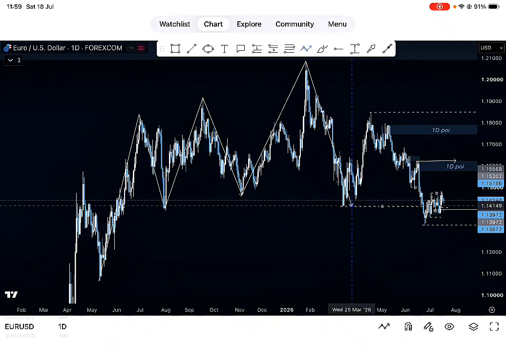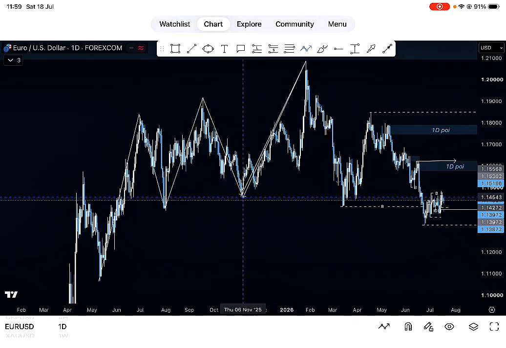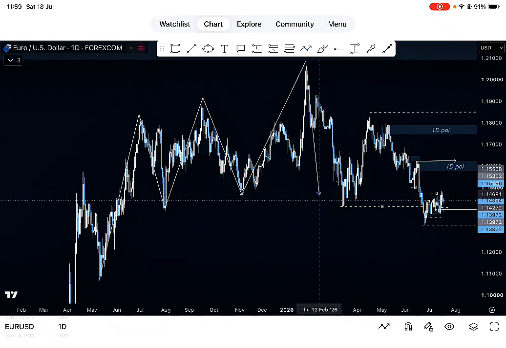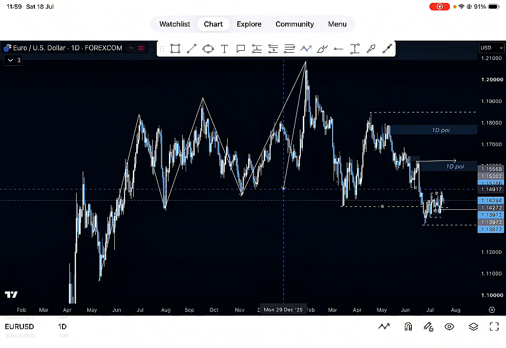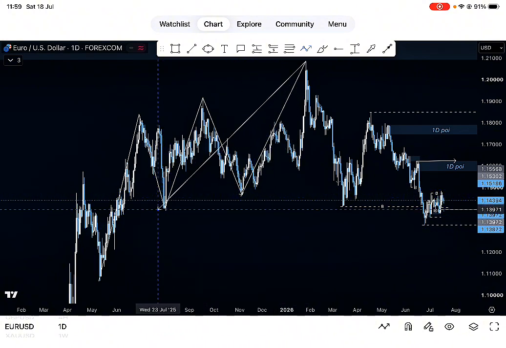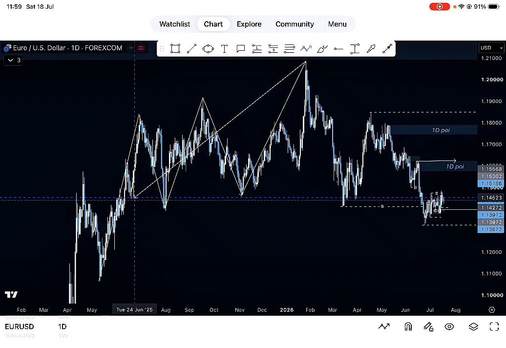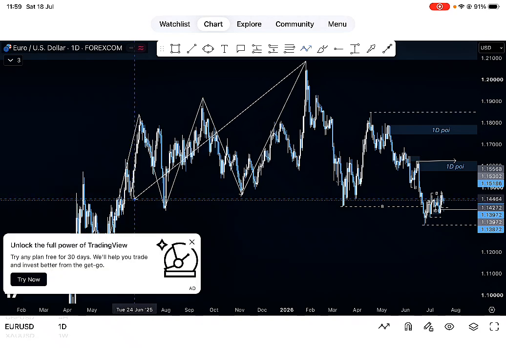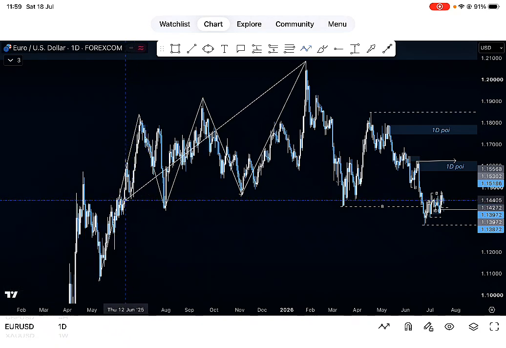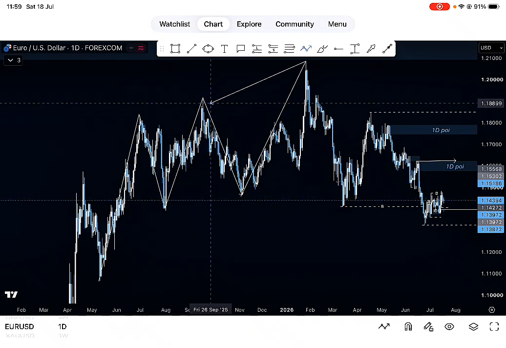Then what happened? We broke this strong low, because this is a strong low. This one is a strong low as well. It took liquidity. It induced this place before it broke structure.